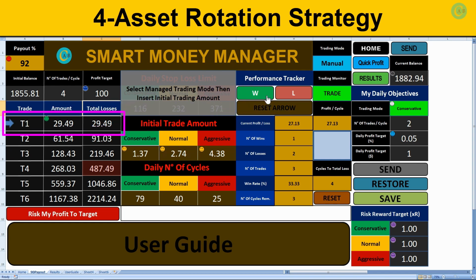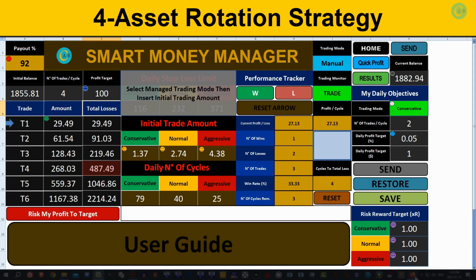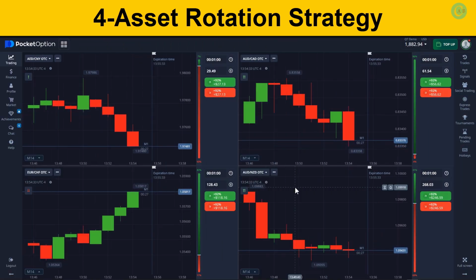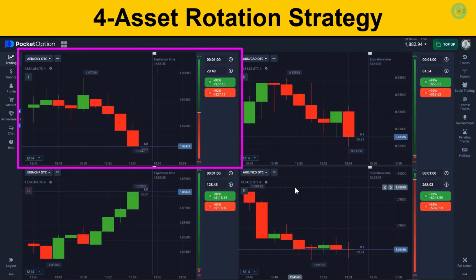Now, as you can see, the trade tracker arrow has moved back to T1 to tell me that I have to start another cycle from the first trade, and my number of cycles remaining to hit my profit target has been updated to 3, so I will need only 3 cycles in order to hit my profit target, and my current profit is $27.13. Going back to the trading platform to start another cycle from the first chart.